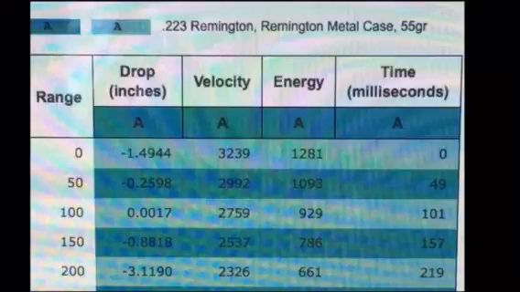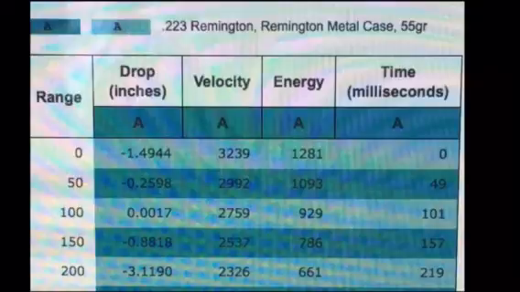Now look on the left side of the chart where it says range. We're going to go all the way down to 200 yards. Let's pretend we're shooting at a target 200 yards away. Now follow that row all the way over to the right under time, and we see that it takes 219 milliseconds for a bullet from that cartridge to travel the 200 yards.